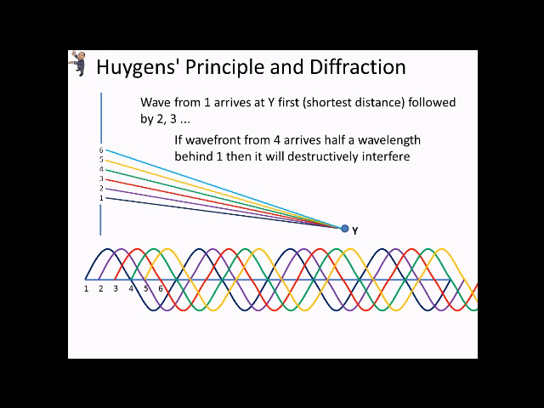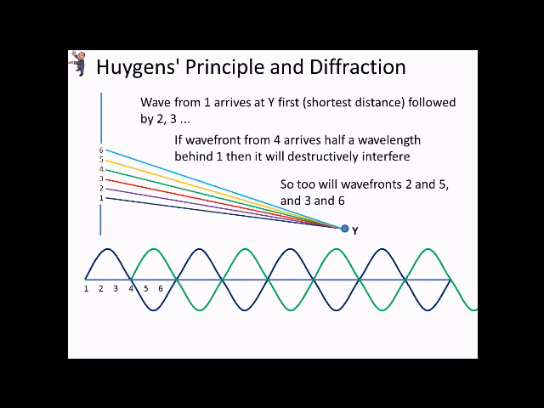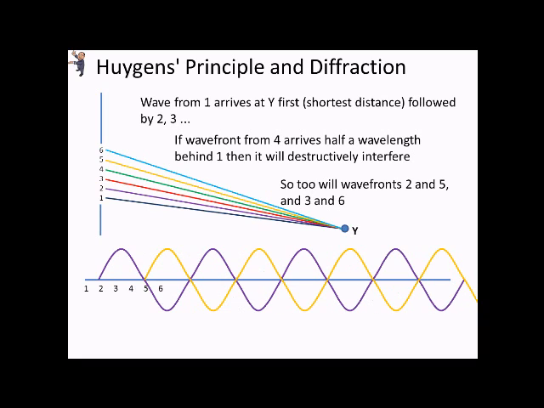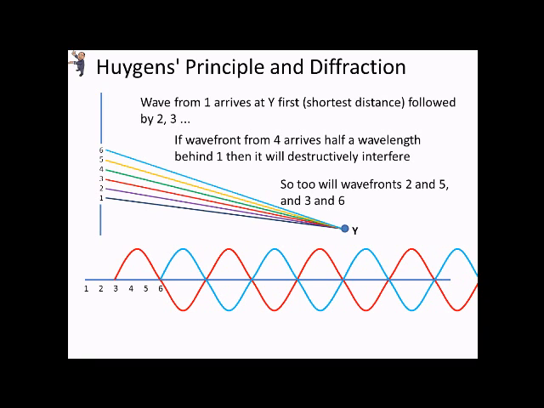However, we can pair up these waves and show that they interfere constructively and destructively. So 1 and 4 will cancel each other out, 2 and 5 will cancel each other out, and 3 and 6 will cancel each other out. That means at y we should have no light, so a dark fringe.